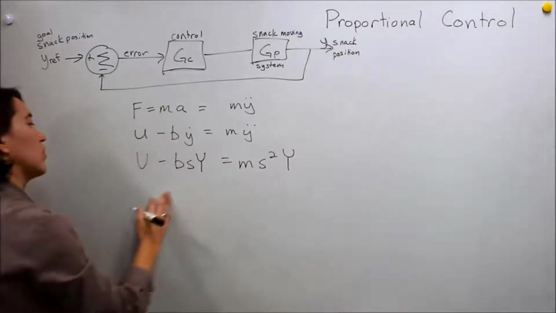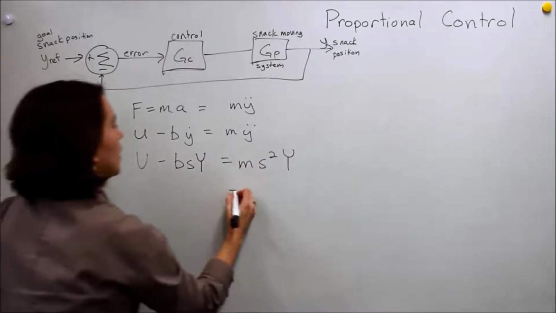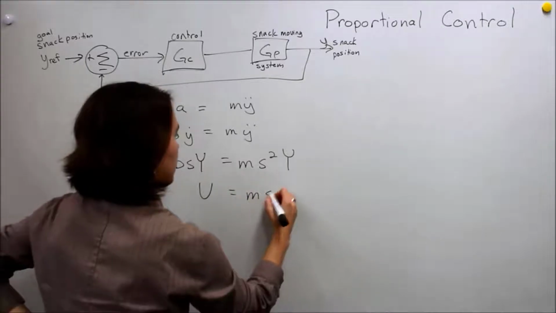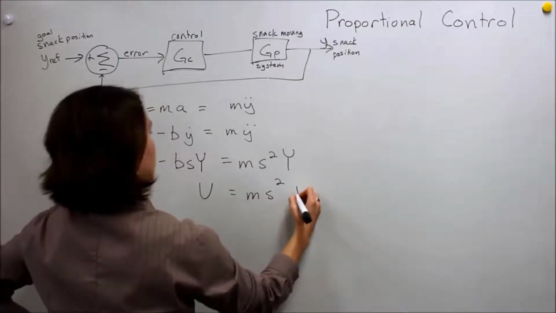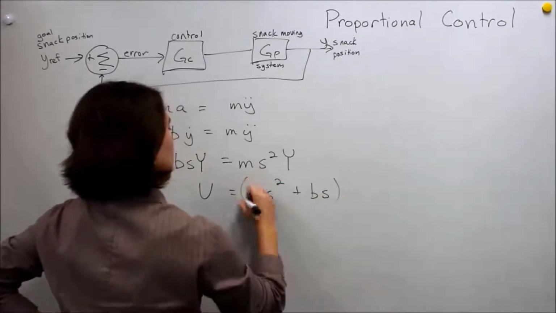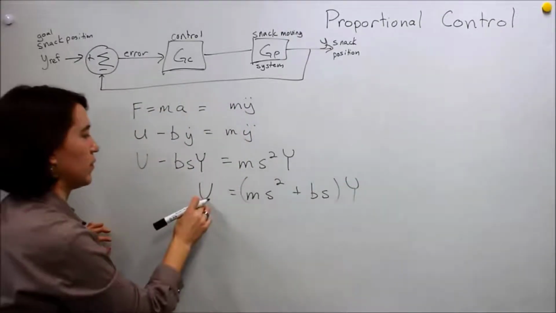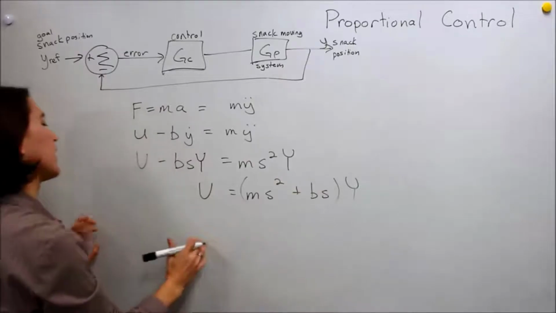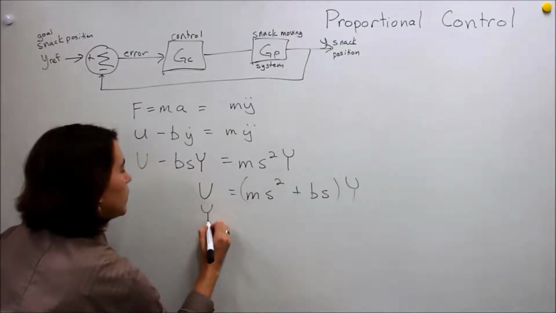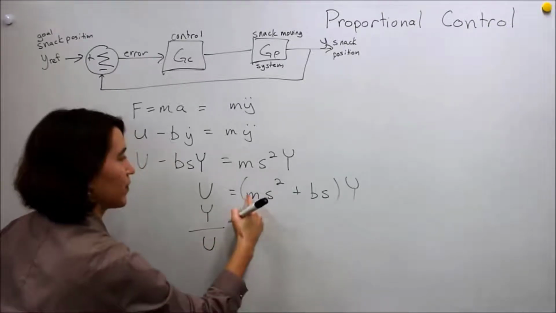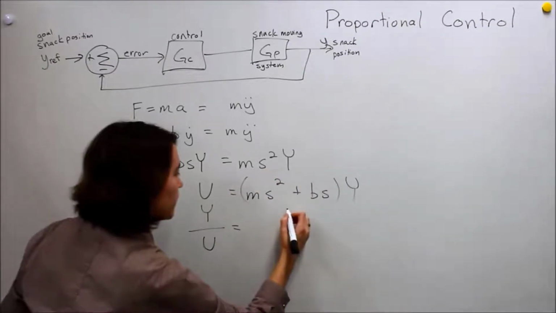We want to get the output over the input, so we can move this over there. So we get m s squared plus bs, this is our y. Then we want output over input, so we'll move this over there, and we will get y over u equals 1 over this value.